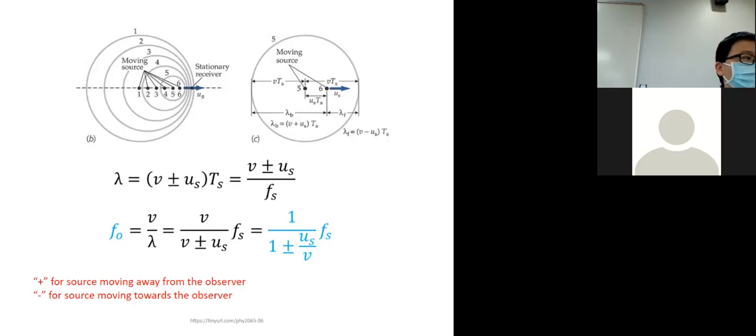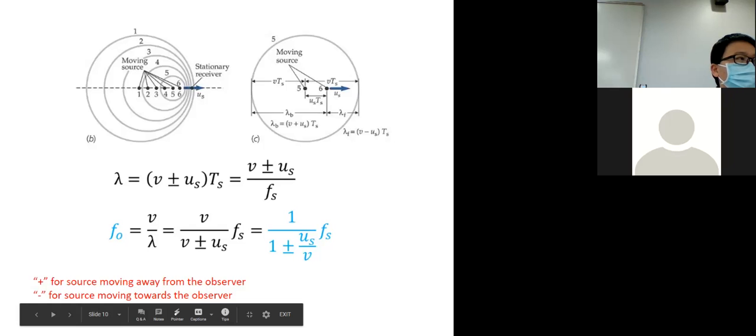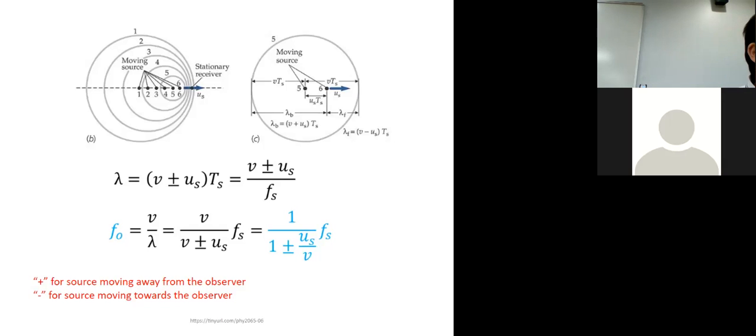And then after you plug this into here in the place of lambda, you figure that it's equal to this guy or equal to this guy, okay? This expression here. So F sub S is this frequency that is given out by the source, all right? If you are looking for frequency received, it can be either expression. You can use this one or you can use this one.